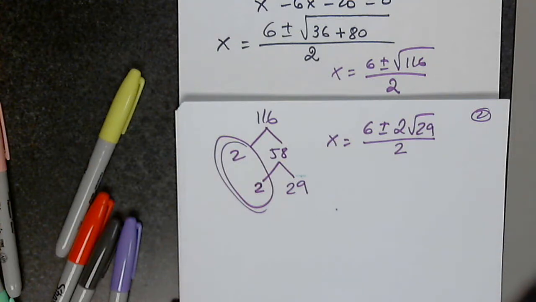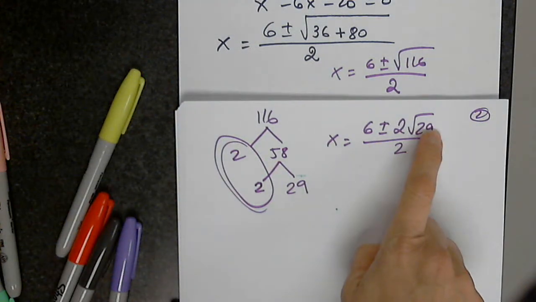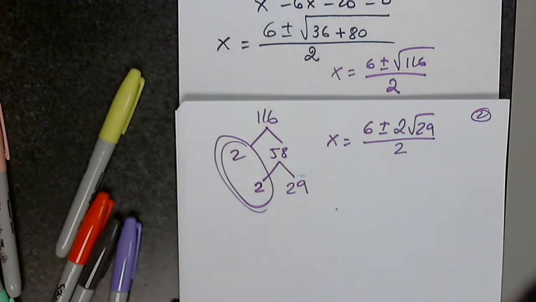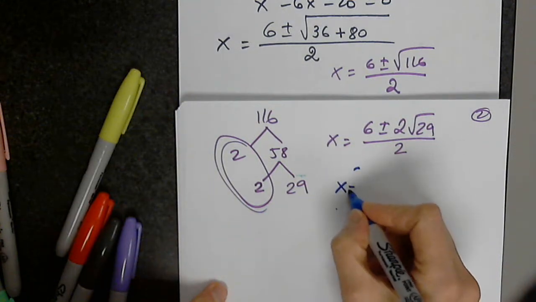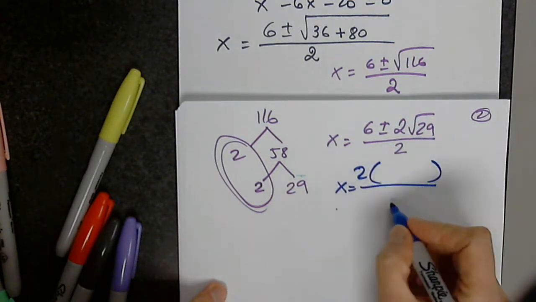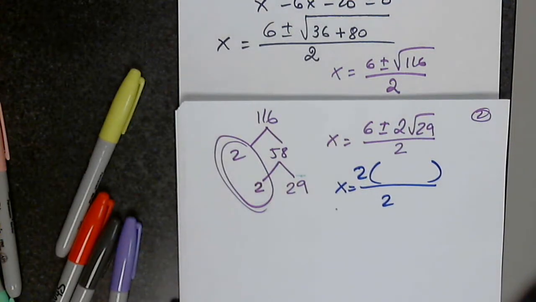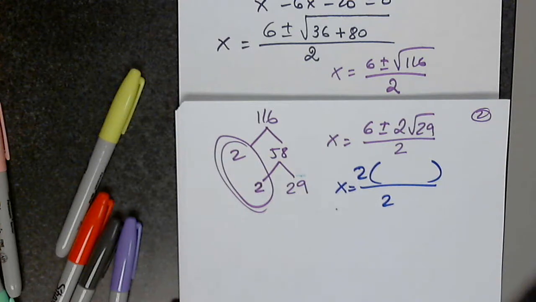Because we only simplify factors. 2 is not a factor here. Be very careful. 2 is part of a term. What you can do, you can factor out 2, that I will agree, and simplify, or separate the fraction into 2 fractions, and then you can simplify.